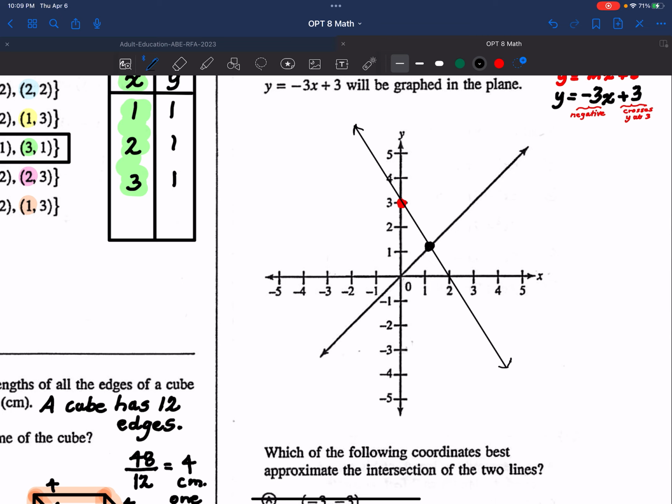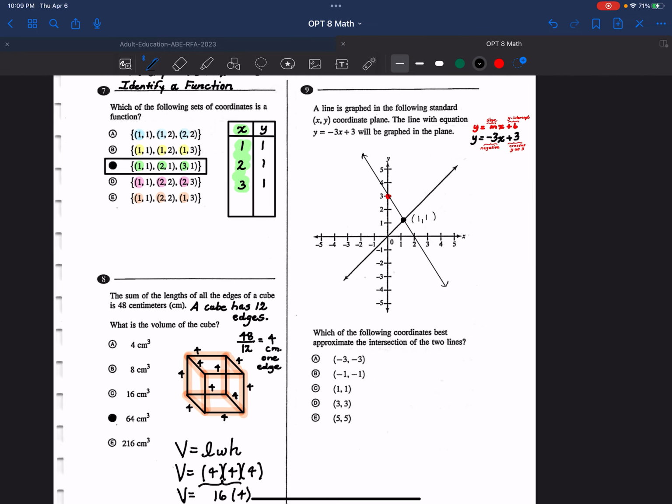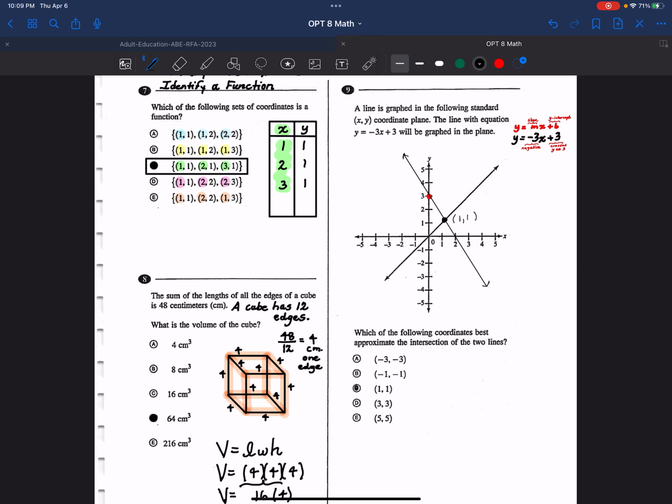Best describe that point. So it is over 1 and up 1. If that's one of my answer choices, I like it. And sure enough, there it is. It is C. Those two lines will intersect somewhere near that point 1, 1.